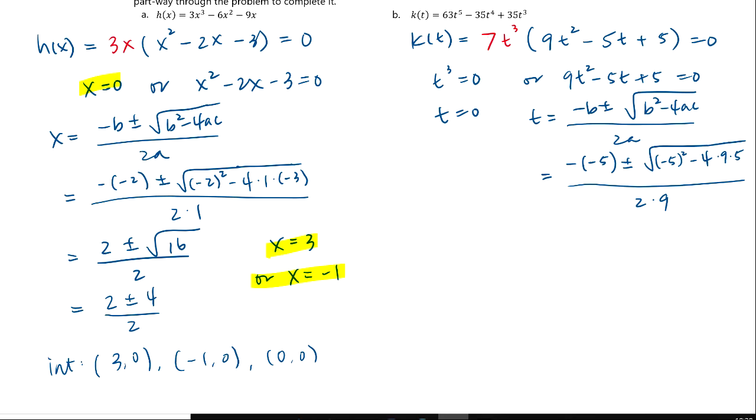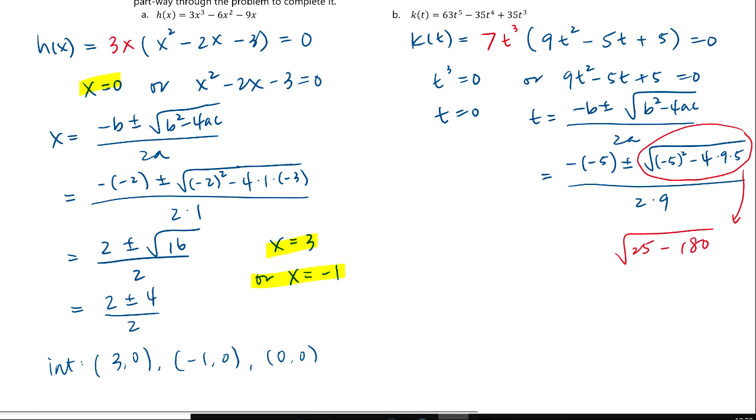Here, if we look at the radical part of the quadratic formula, under the radical we have the square root of 25 minus some big number, right? We'll actually calculate it. 45 times 4 is 180. This whole multiplication gives us 180.